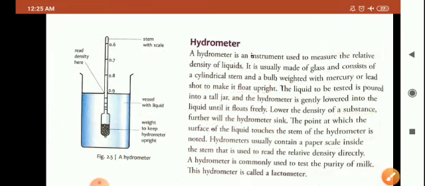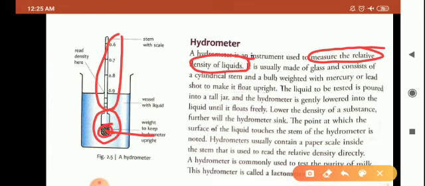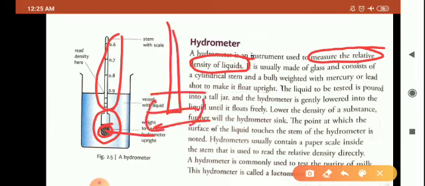So once again I am repeating to you that the hydrometer is used to measure the relative density of liquids. It consists of two parts, a cylindrical stem and a bulb which has shots of lead or mercury. You can see this black portion. It has shots of lead or mercury to make it float upright in a particular liquid.